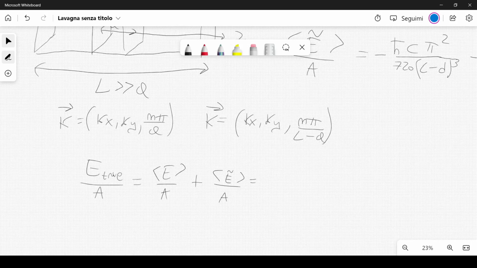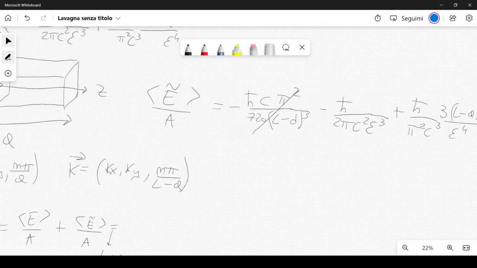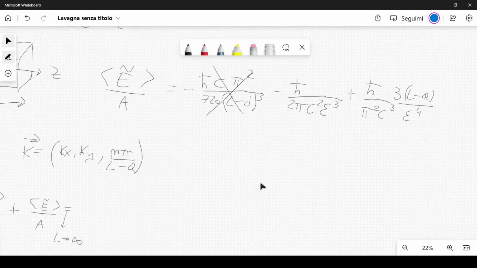And now, since we let L go to infinity, remember, we don't have a contribution from this term due to the fact that the denominator goes to infinity.